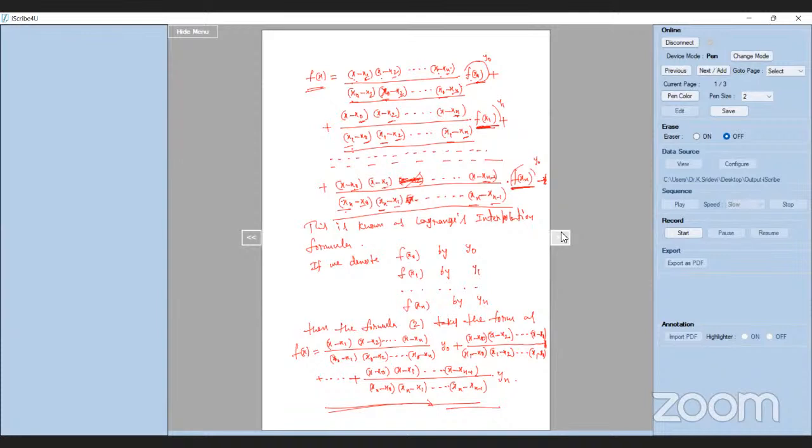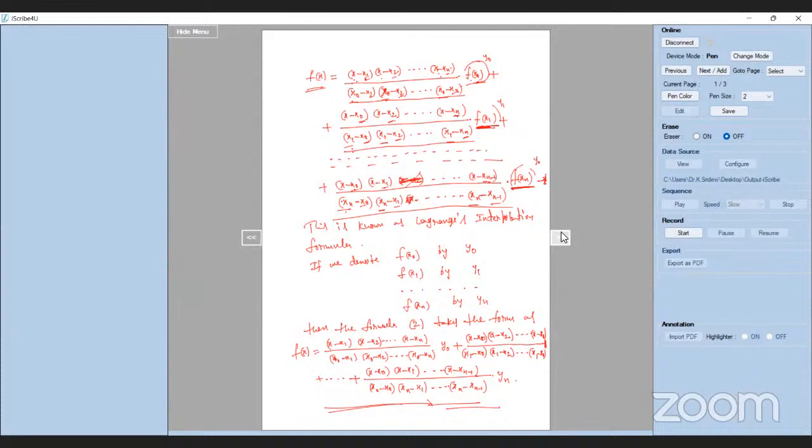The same accuracy we will get by using both formulas. The difference is only that the simplification is somewhat more difficult in the Lagrange's interpolation formula than in the Newton's divided difference interpolation formula. Now, I think we go to take examples according to the Lagrange's interpolation formula.